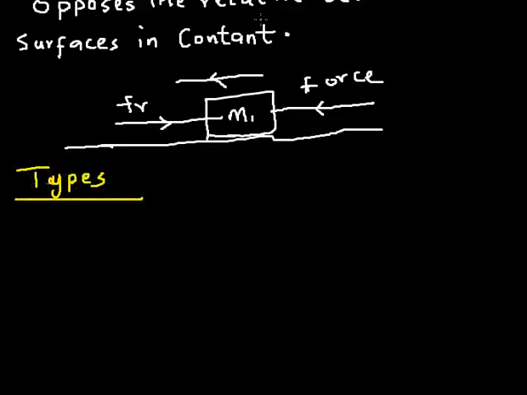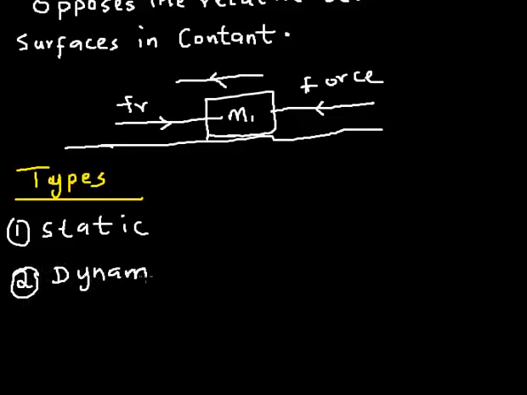Friction is of two types: static friction or dynamic friction, also called kinetic friction. Of course, you should know the difference between the two.